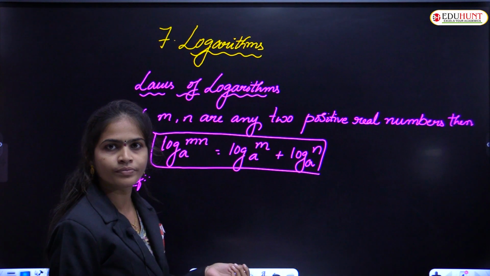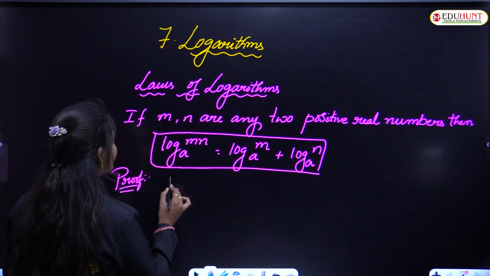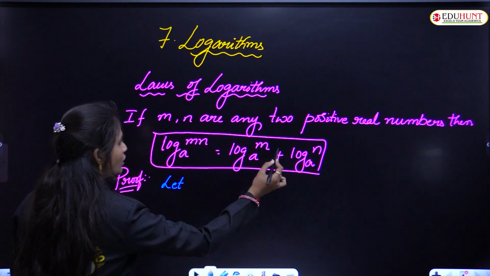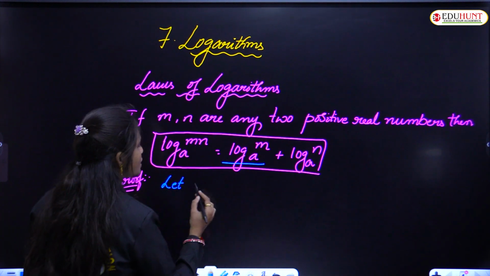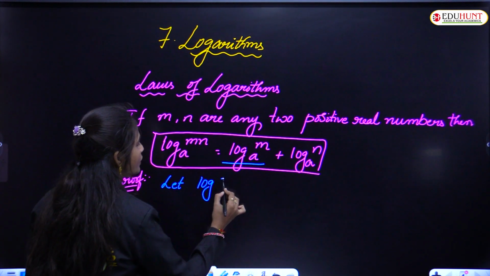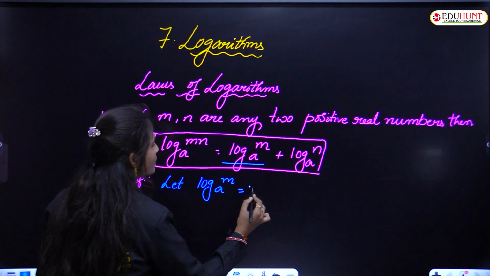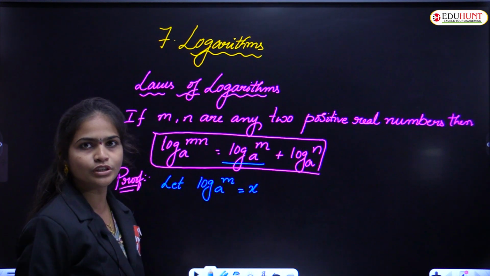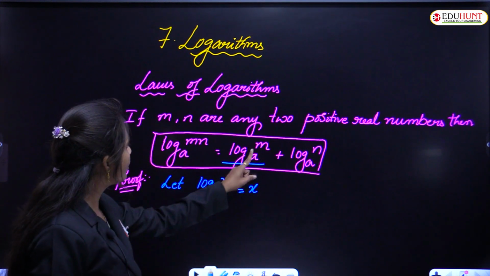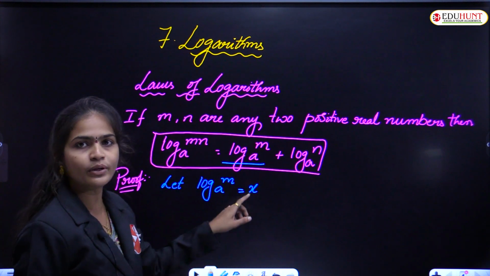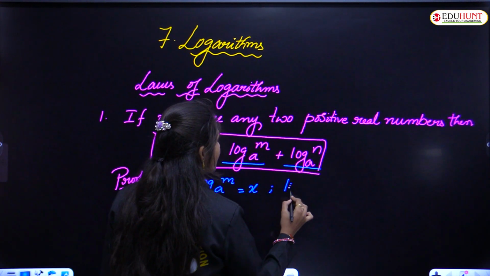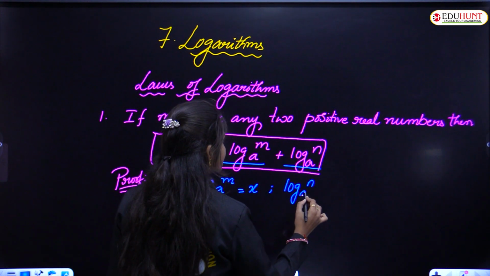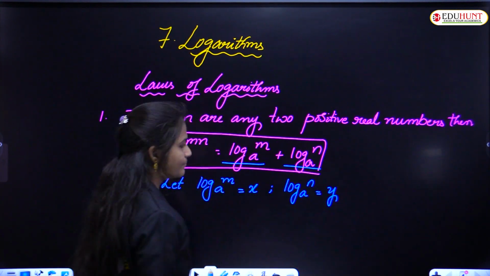What is the proof? Let me take the RHS here. The first one is log m to the base a, which is equal to some x. Let log m to the base a be equal to x. And the second part is log n to the base a, which is equal to some y.